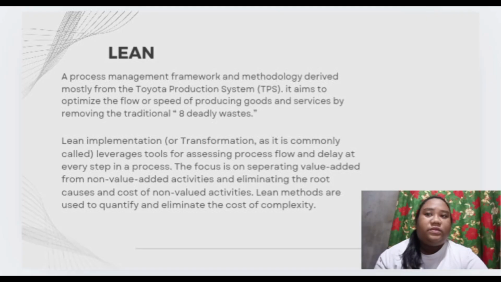Lean involves checking every step of a process to separate useful actions from what is wasteful, then eliminating the causes of those wastes. The goal is to simplify processes, improve flow, reduce costs, and increase overall efficiency in producing goods or delivering services.